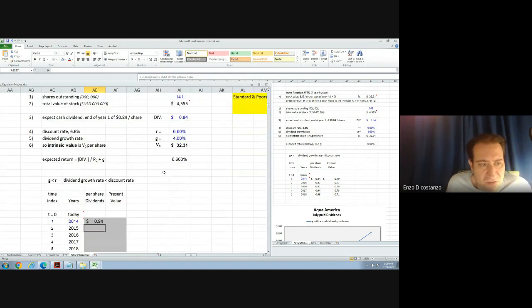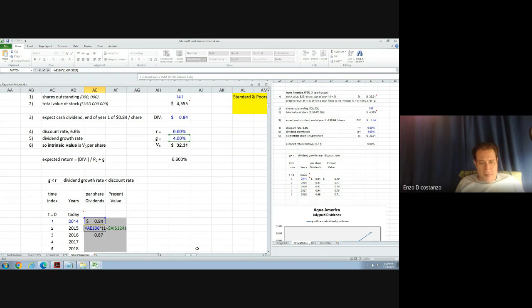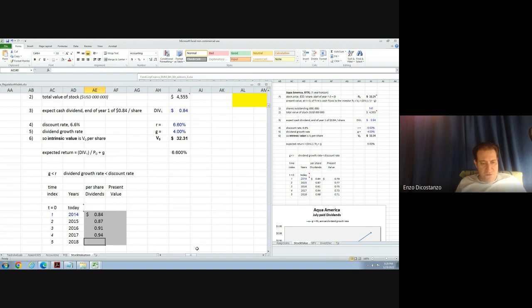And we want this to grow at 4%. So we say equals that times 1 plus 4%. Lock that in with dollar signs. Shift 8, that multiple, that's the product. Then Control D: 84 cents, 87, 91, 94.